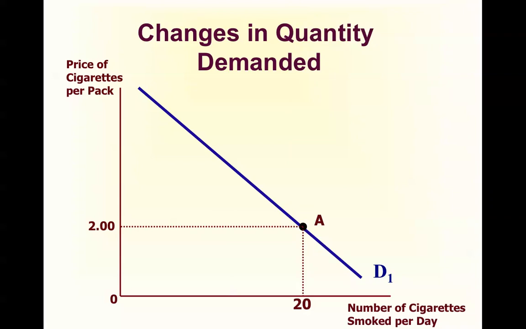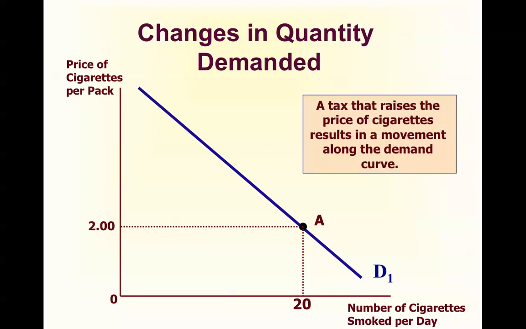For change in quantity demanded, we have the price of cigarettes on the vertical axis and the number of cigarettes smoked per day on the horizontal, and we will raise the price. As the price is raised, since that is the independent variable, fewer people will buy cigarettes as a result. So it's a tax that raises the price of cigarettes, thus fewer people will be buying the good.